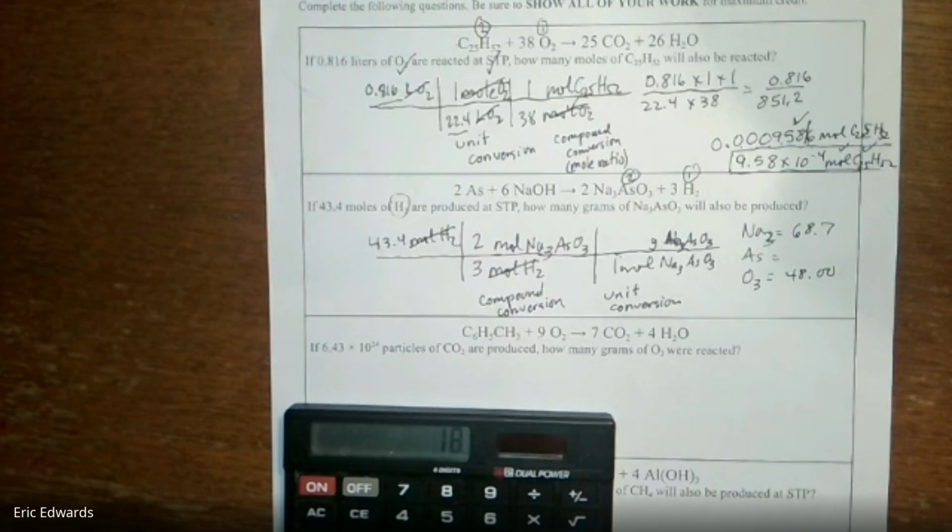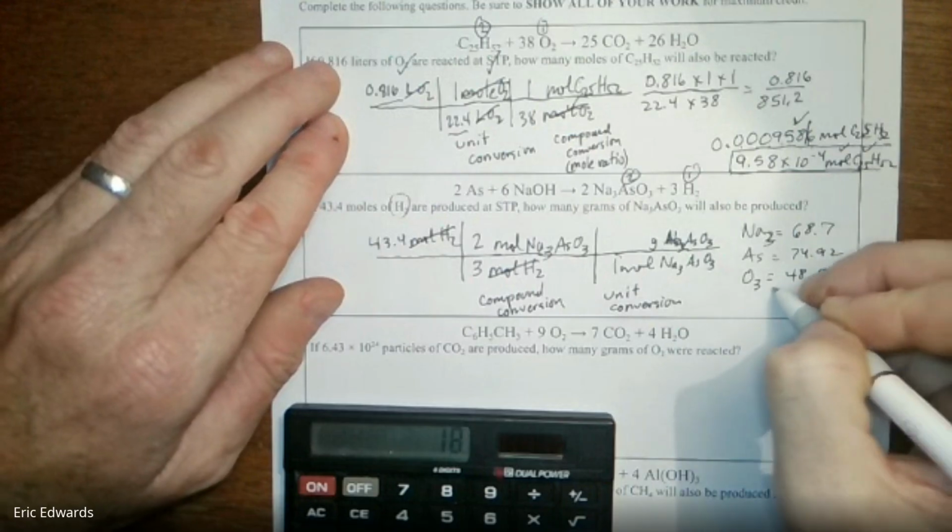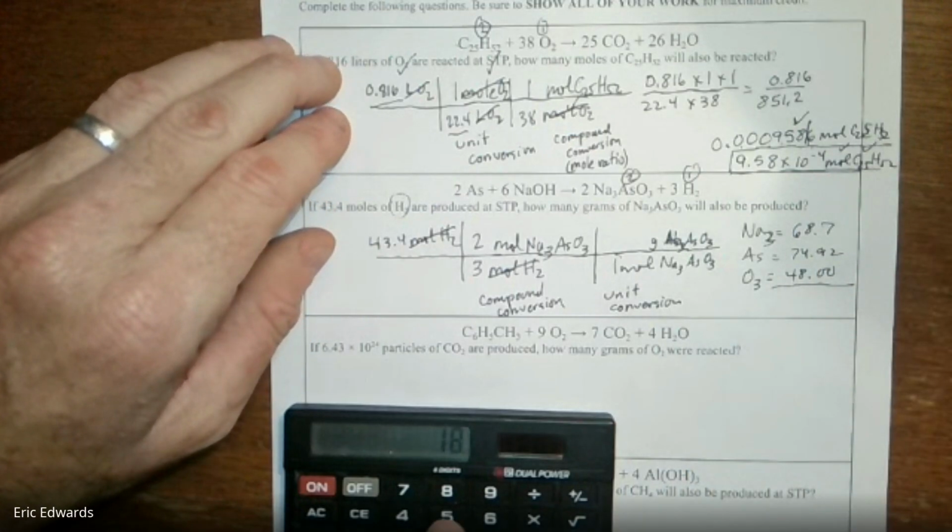Arsenic, let me look at my periodic table here, is 74.92.